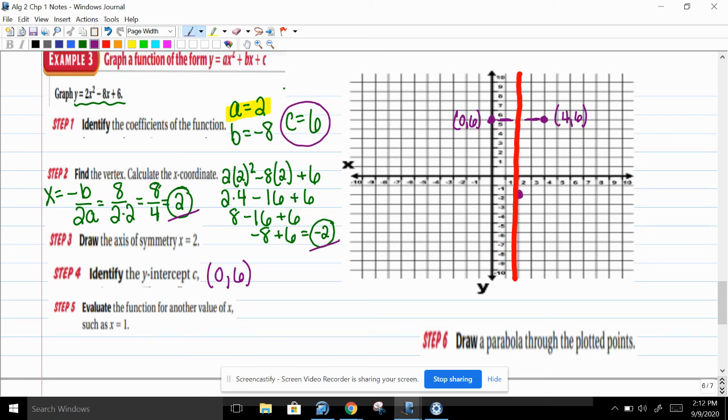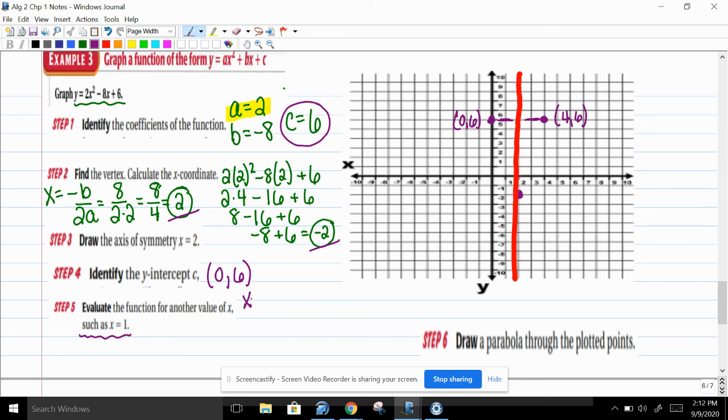The last thing you're going to do to evaluate the function is find one more point. So they asked you to use x is equal to 1. You can use anything you want, x is equal to 3, x is equal to 5. Let's use x is equal to 1 since that's a pretty simple number.